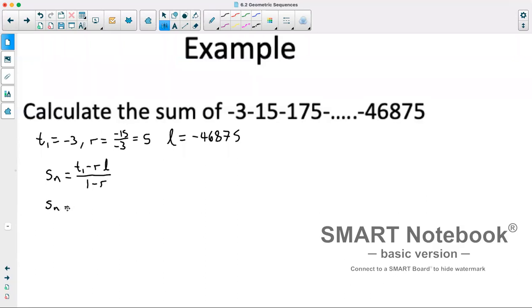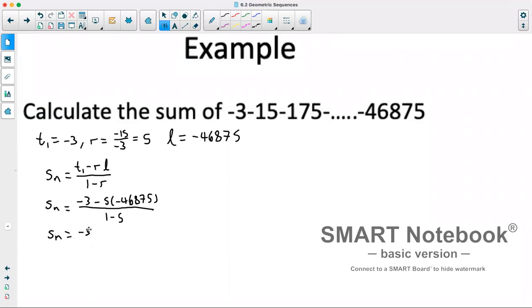So we have Sn is equal to T1, which is -3, minus 5 times -46,875, and that's over 1 minus 5. So go through and start simplifying this.